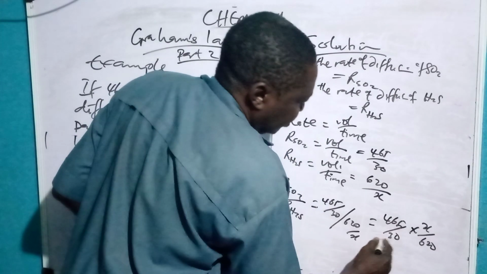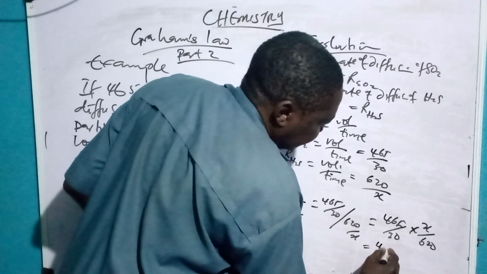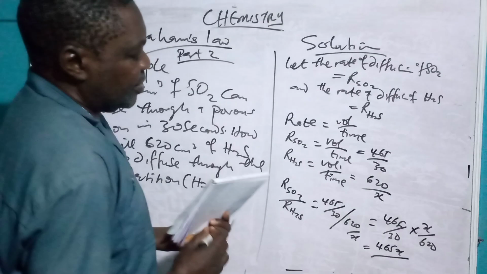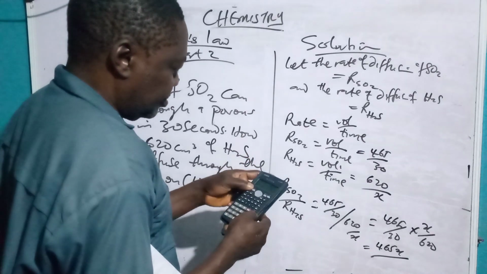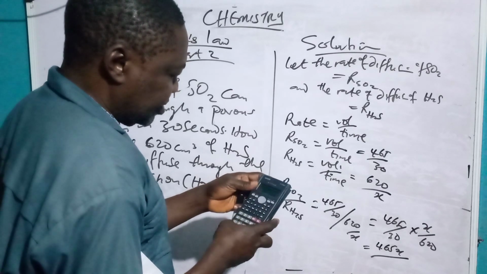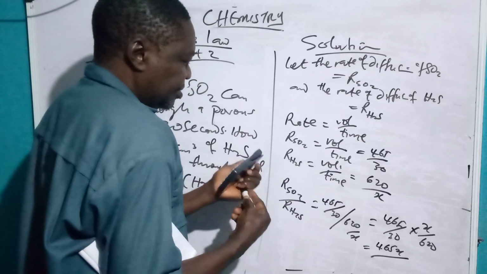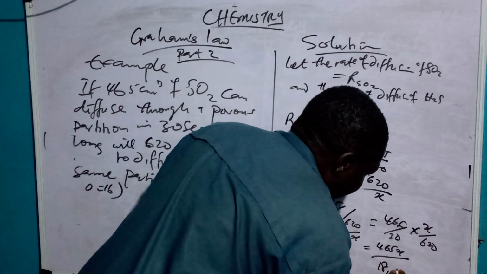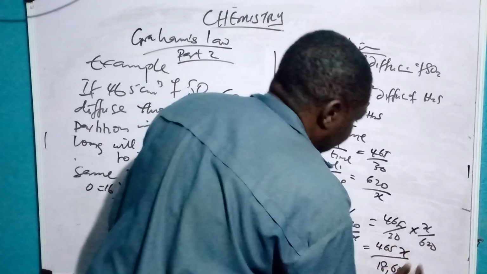It now becomes 465x over 30 times 620. 30 times 620 gives you 18,600. So that's what we have.